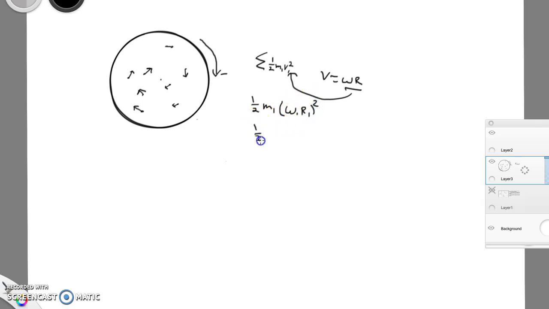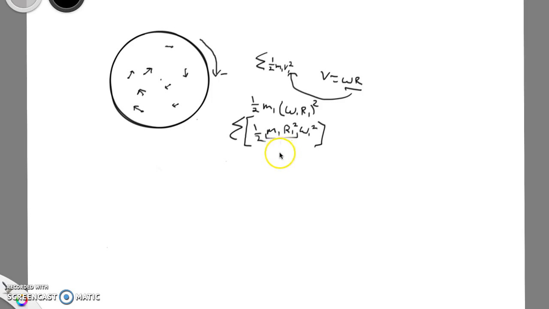So we get 1/2 m1, and we'll move the r to the front, r1 squared, omega 1 squared, okay? And so we want to find the sum of these for each particle. Now you might be thinking, well, that just looks even messier than what you started with.